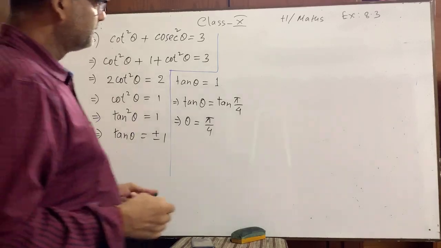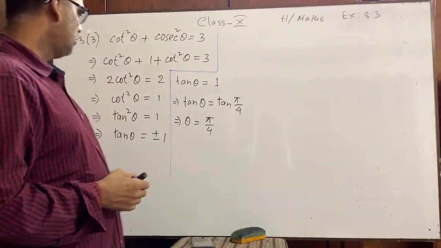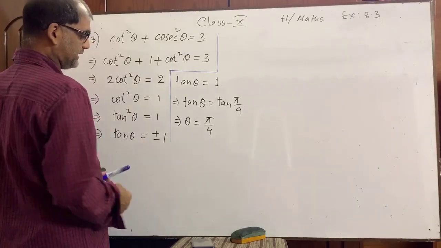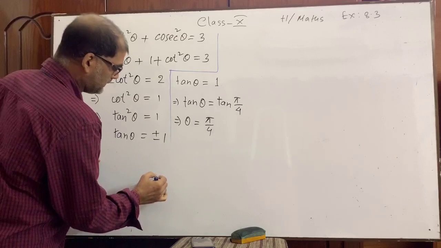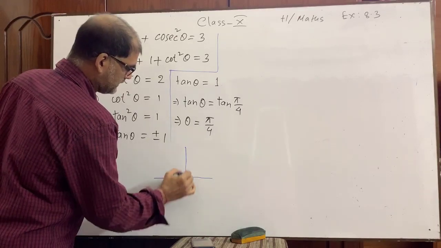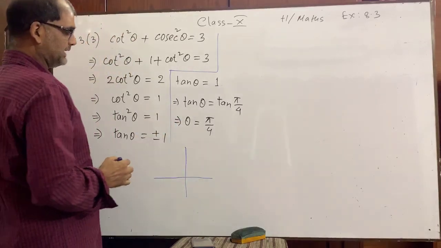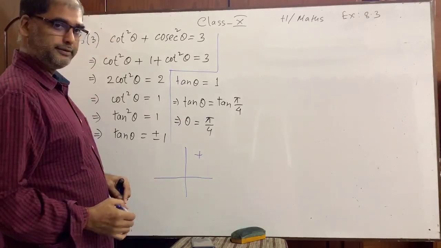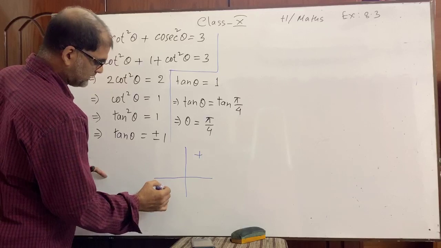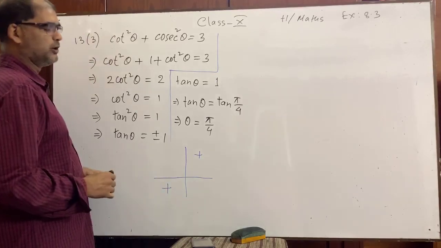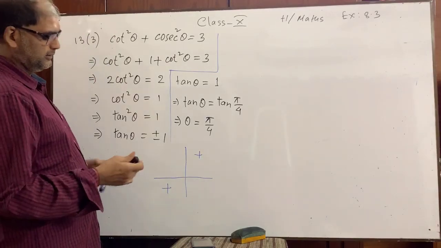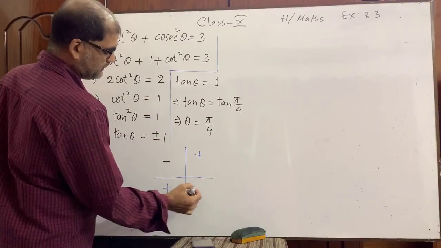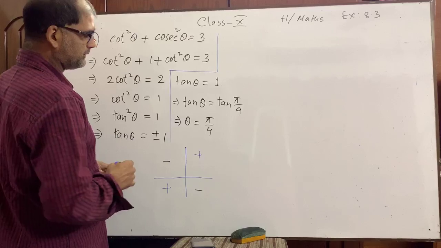Dear students, we should know where tan theta is positive and where tan theta is negative. You see, okay, tan theta is positive here in the first quadrant, tan theta is positive in the third quadrant, whereas tan theta is negative in the second quadrant and in the fourth quadrant.